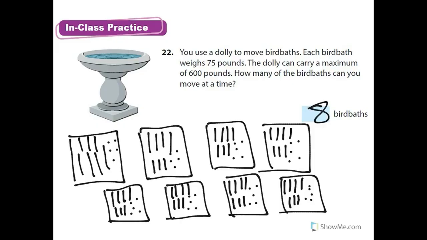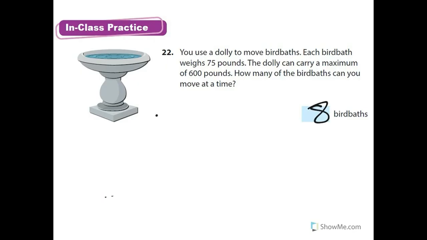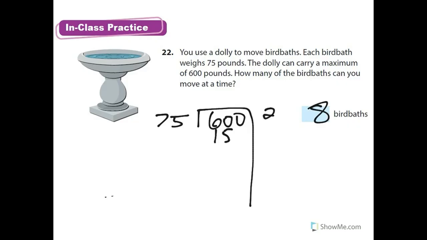Well, what is the other model going to look like? Let me show you that. So I have 75 going into 600. Well, I can't do it 10 times, can I? Well, I know that 2 times 75 is 150. So 450.